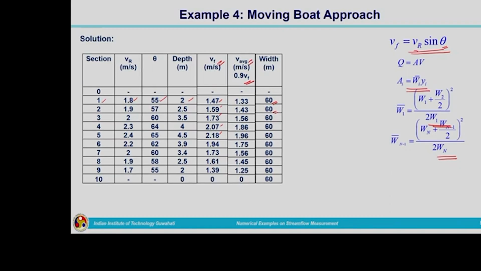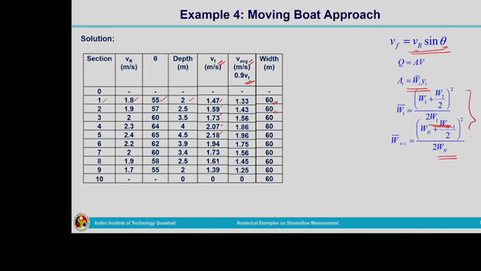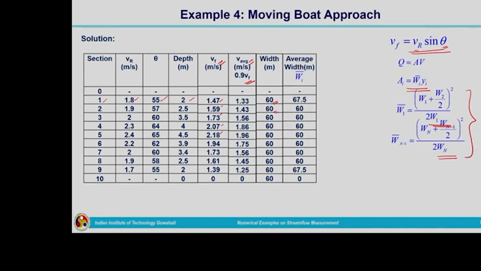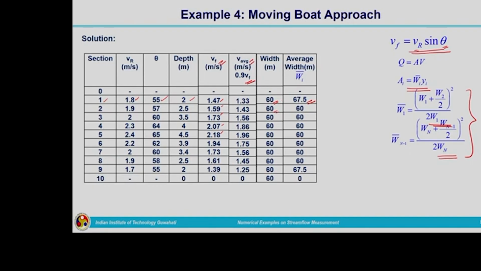For the average width at the beginning of the cross section, that is at the left bank and the right bank, we need to make use of these two formulae. The average width for the first segment comes out to be 67.5, where W1 is 60 and W2 is 60.